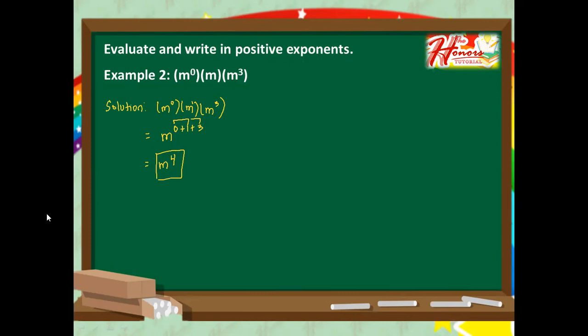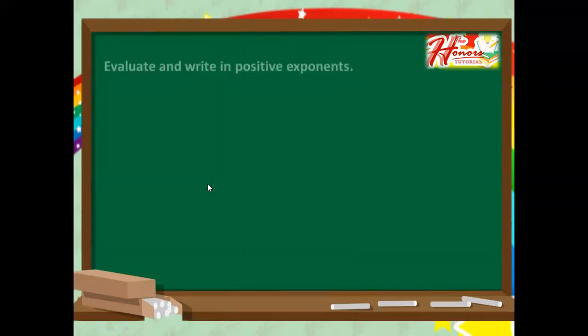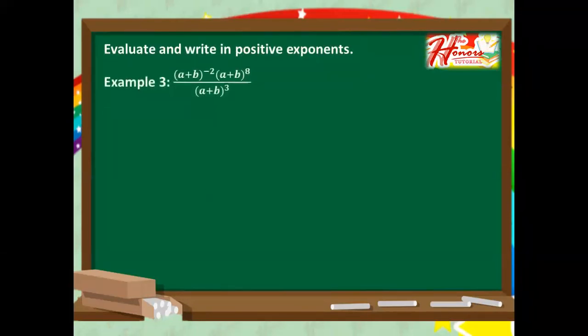Let's have number 3. We have here the quantity of a plus b raised to negative 2 times the quantity of a plus b raised to 8 over the quantity of a plus b cubed.